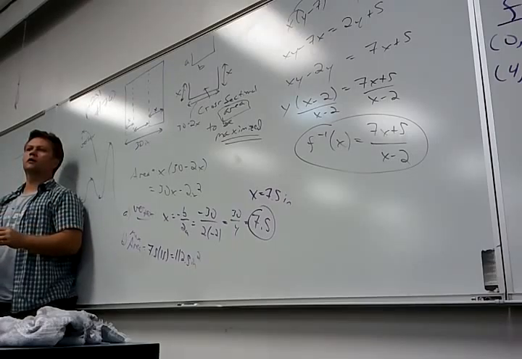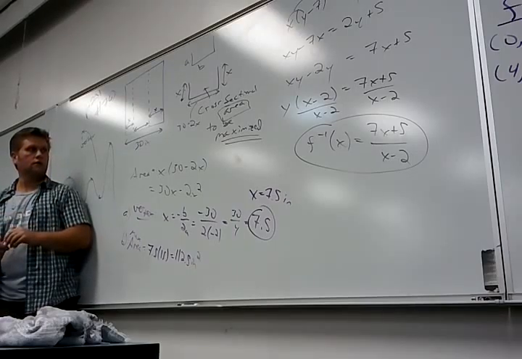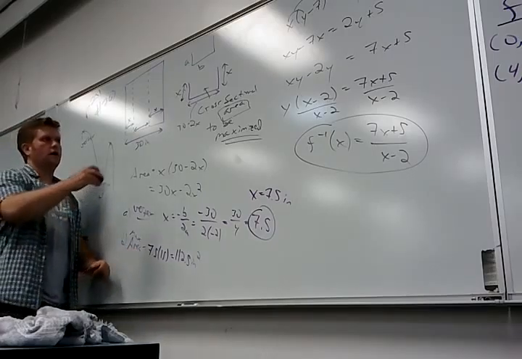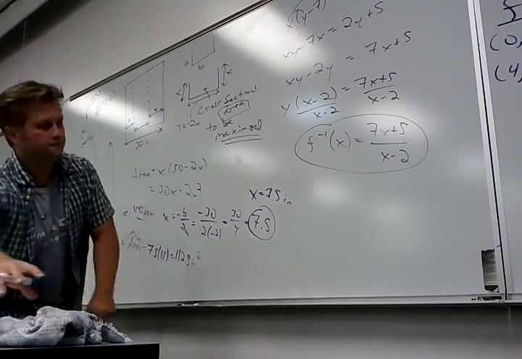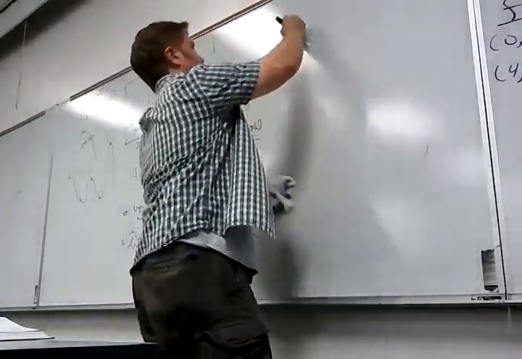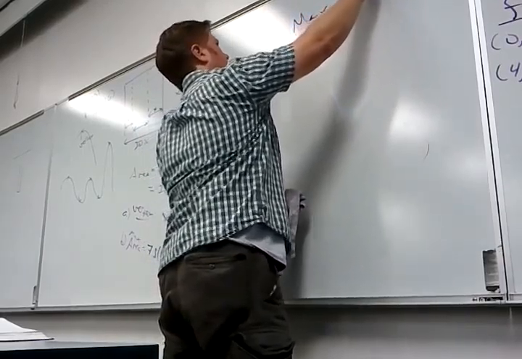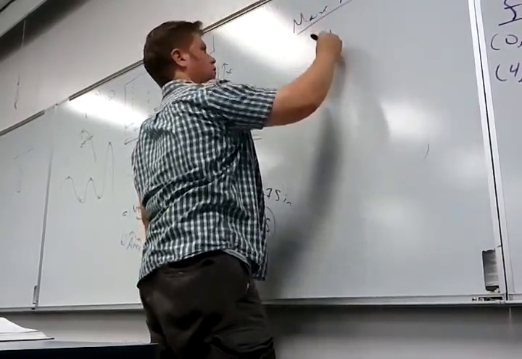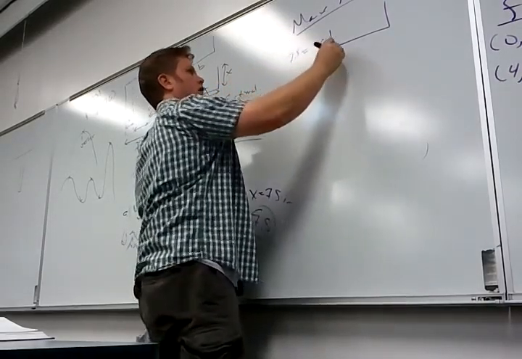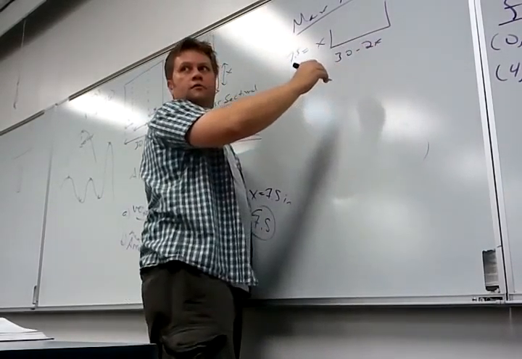See where you got that 15 on the next area. Let me do this up here. One way we could do this is to go back to the picture and say this is x, so that's 7.5, and this is 30 minus twice x.